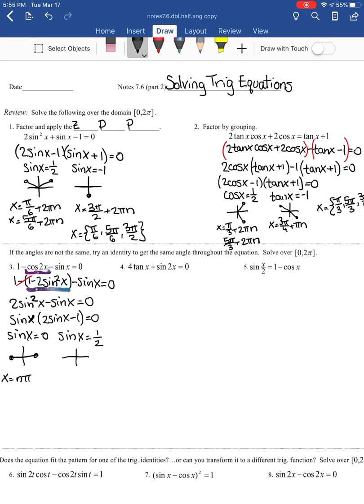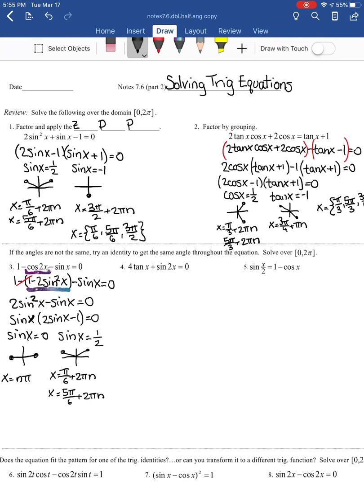Sine x equaling positive 1/2 happens at pi over 6 and 5 pi over 6, since it's positive in quadrants 1 and 2. So this is pi over 6 plus 2 pi n and 5 pi over 6 plus 2 pi n. Again, be aware of the directions.